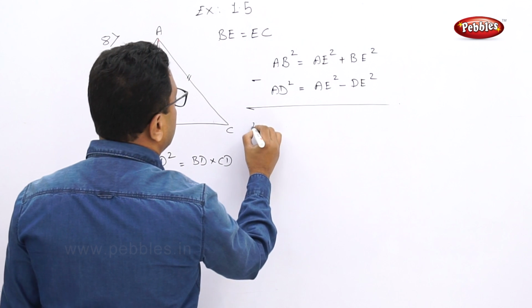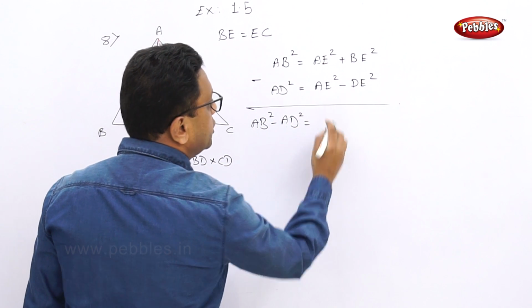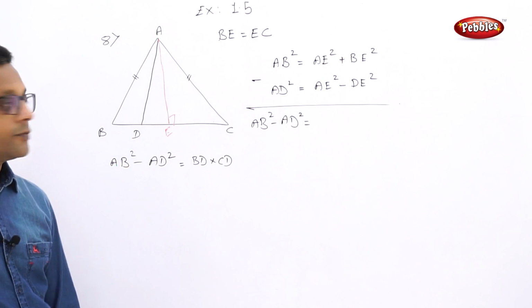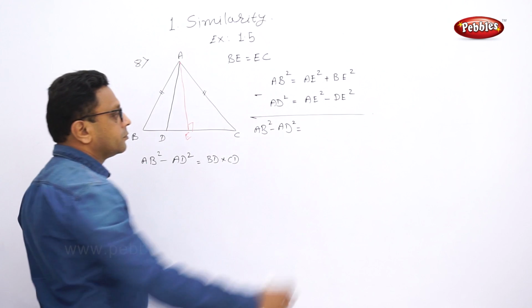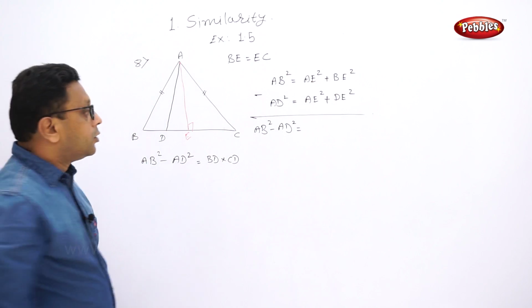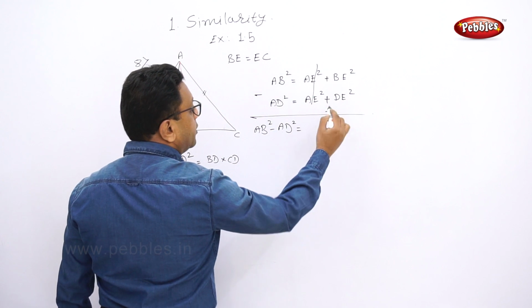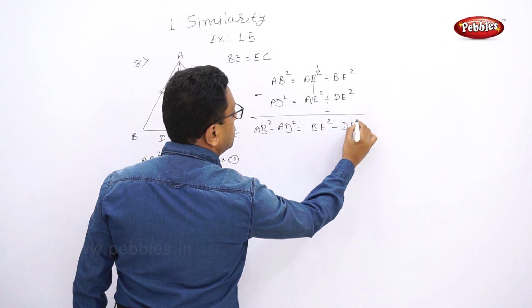So what will we get? AB square minus AD square is equal to, here these two will go. Sorry, here it should be plus DE square, but the AE squares still cancel, and we will have BE square minus DE square.